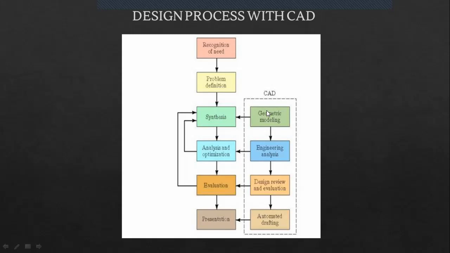What this is trying to show is that for the synthesis phase, geometric modeling is being utilized when it comes to CAD. The design process includes CAD, computer aided design, and the synthesis phase will be taken care of by the geometric modeling capability. Any other doubt?